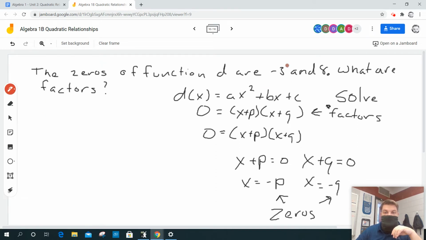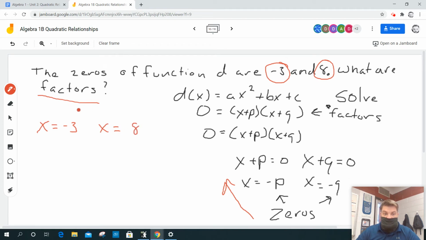They said that it's -3 and 8, and they want to know what the factors are. So we're going to do this process in reverse. So I'm going to say x equals -3 and x equals 8. These are the zeros. So to make it equal to 0, watch this. I'm going to add 3 to both sides.